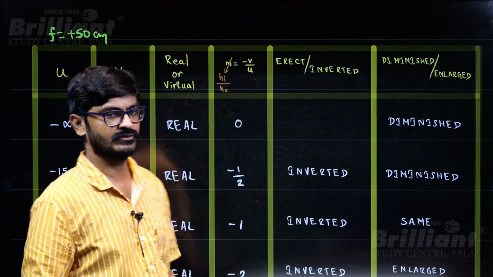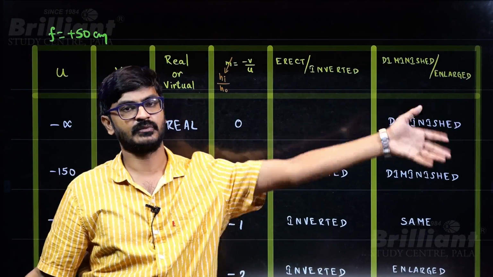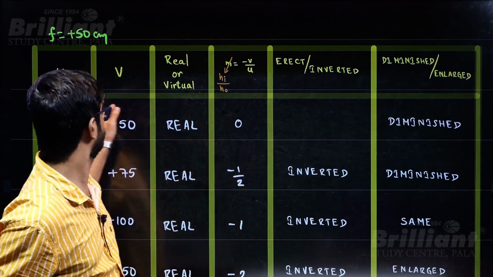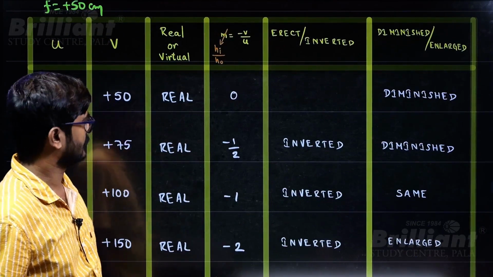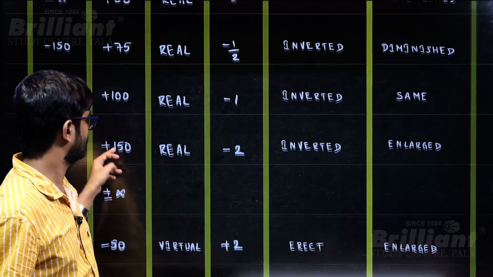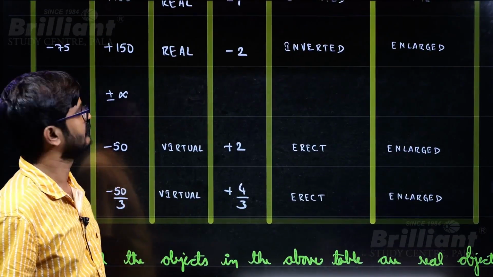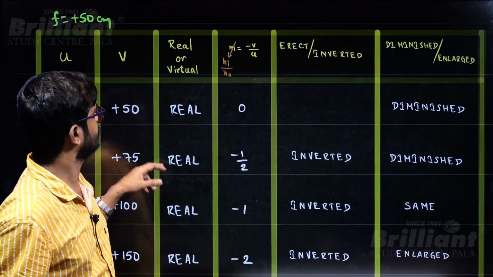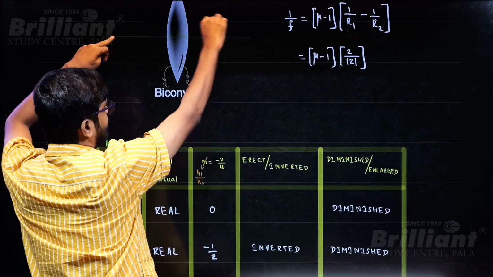When there is a lens, you are putting the object here, rays are going this way, this direction is positive, so object distance is negative. Now I am not sure about the calculation, I just copied from some kid's notes. The image distances you will be getting are plus, plus, plus, plus, and here you will be getting infinity, minus 50 by 3. So what does plus mean? The meaning of plus is when you keep the object here, the image is forming on this side. The meaning is the rays are going to actually meet.